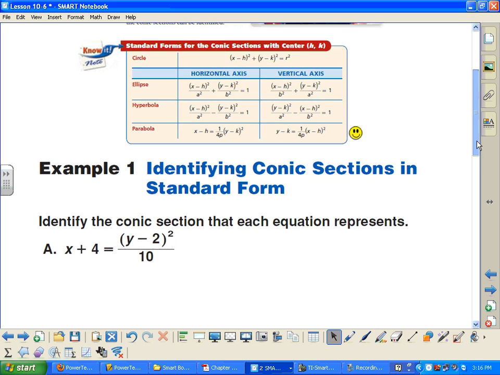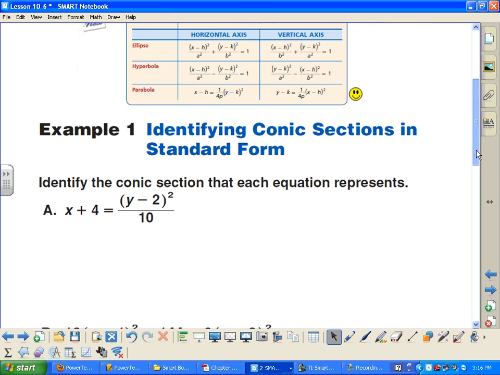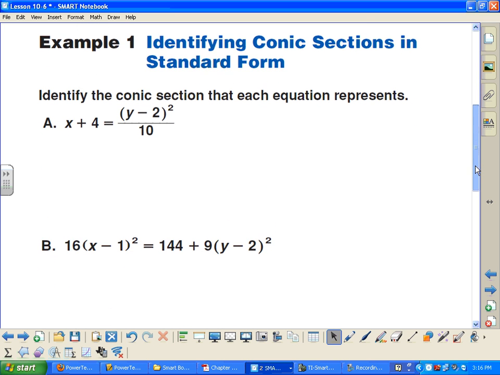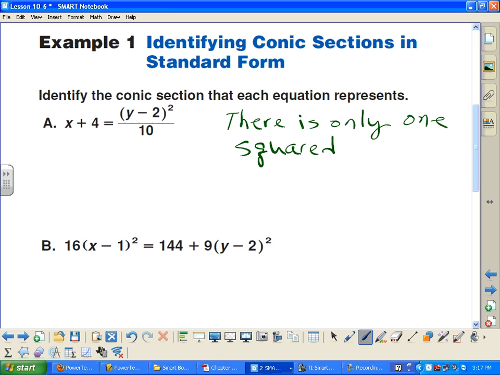Okay. So we're going to identify conic sections just from their standard form. So here in example 1, we have a conic section, x plus 4 equals the quantity (y minus 2) squared plus 10. And we are going to identify this conic section. Since there is only one squared term here, this is a parabola.